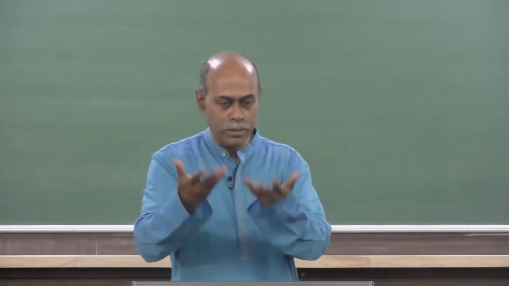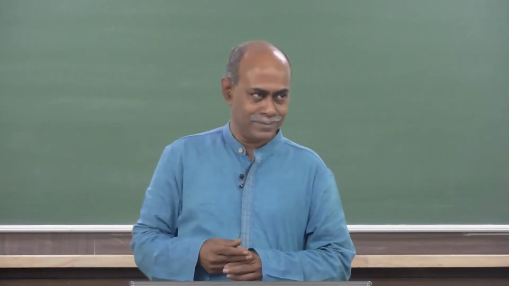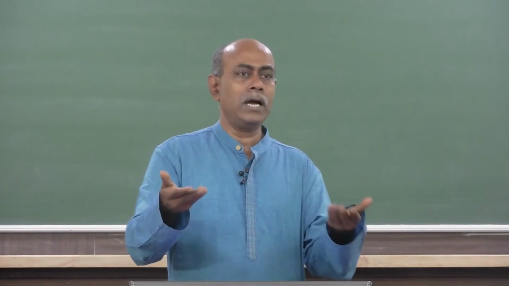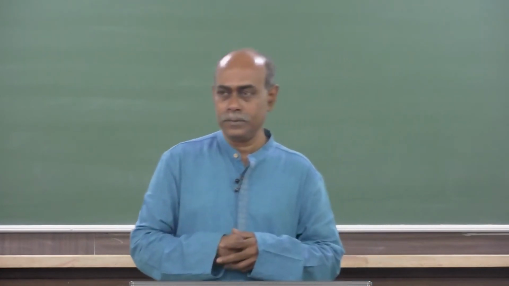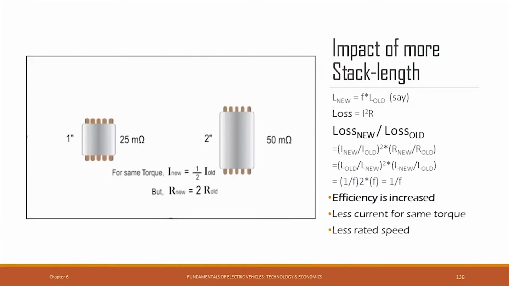So, if I invest double in the cost of the material, then I am halving the losses. Again, I get less current for the same torque, or for the same current I will get more torque, whichever way we want to view it, and the speed is lesser because the back EMF constant is higher. Is this fine?